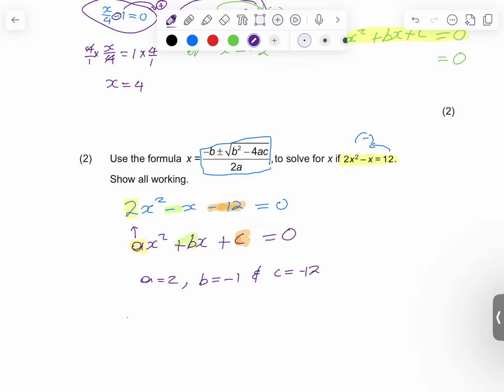Substituting these into the quadratic formula, I will have x. Where there's b, I am going to substitute -1, where there is a, I am going to substitute 2, and where there is c, I will substitute -12.